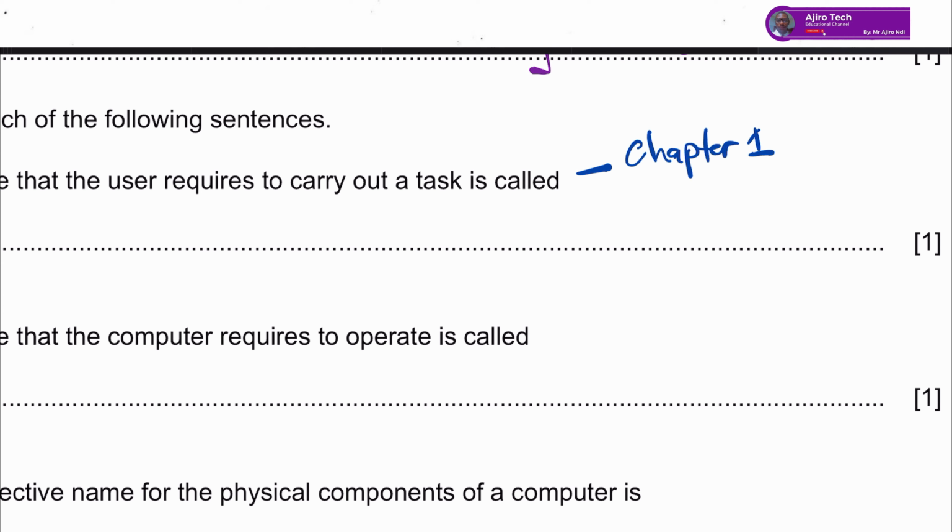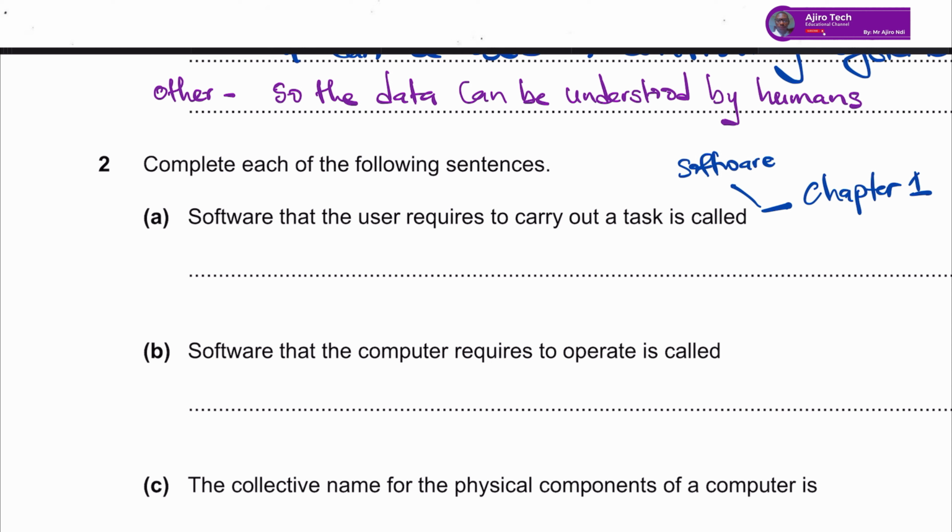Software that the user requires to carry out a task is called application software. It is a software that allows a user to be able to carry out a specific task.